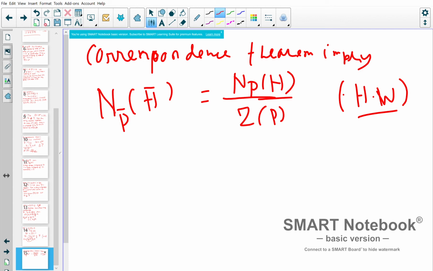So why don't you prove first of all that this contains the center? That is not a problem, right?